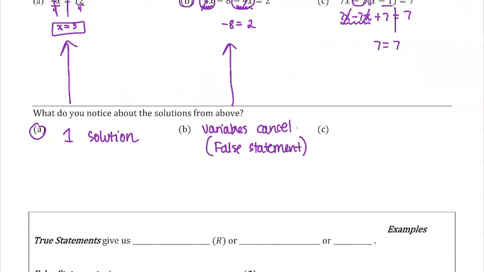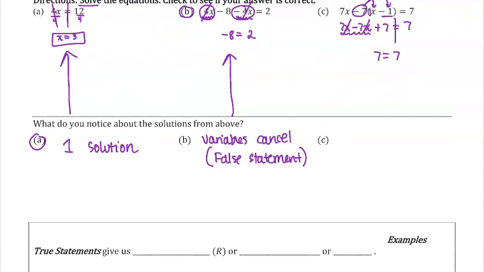So if your variables cancel and you have that false statement, what happens then? I know when we say false, we just mean that does -8 actually equal 2? And that is totally not true. So if you get, when the variables cancel, that false statement, this is what we call a no solution. It means that I can't really continue solving for x, and what's left isn't even true. That is what we call our no solution scenario.